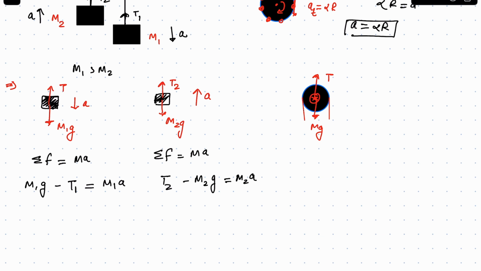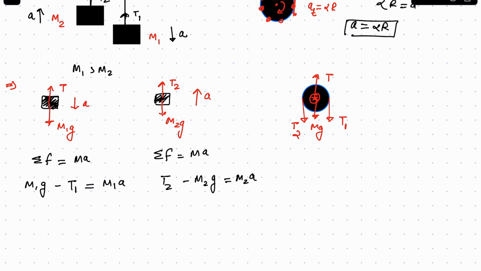So who is going to apply the torque? If we look at the tension, suppose this side is T and this side is also T. Then the torque because of one tension becomes clockwise, and the torque because of the other becomes anti-clockwise, and both are equal, so they will become 0. It means these tensions should be different. That's why there is a tension T1 and a tension T2.